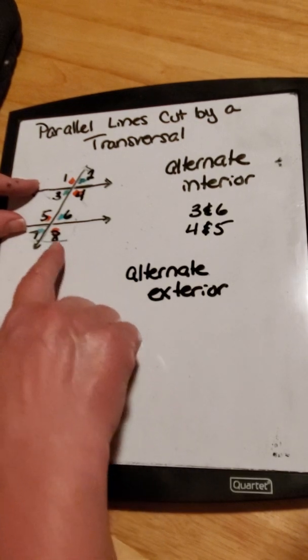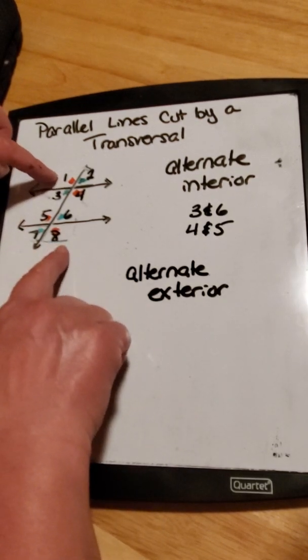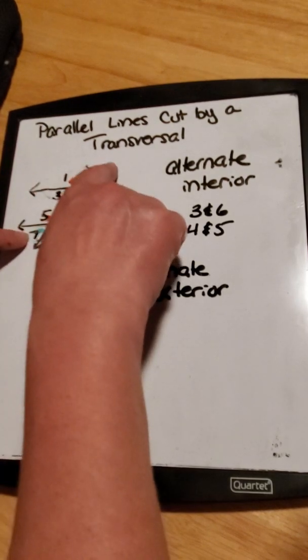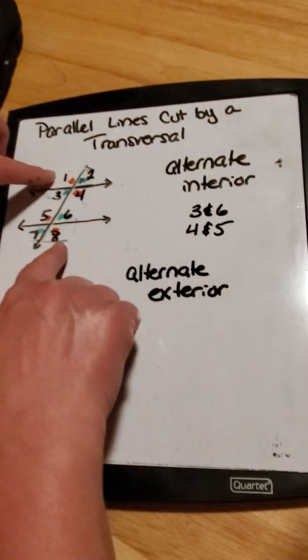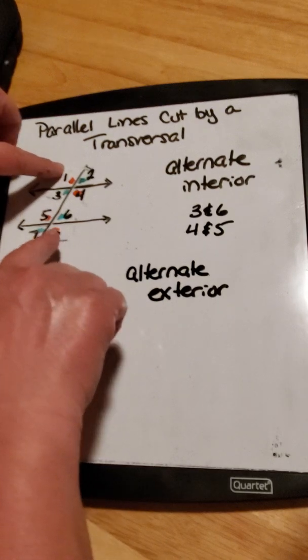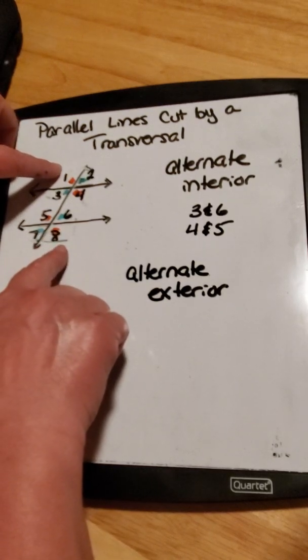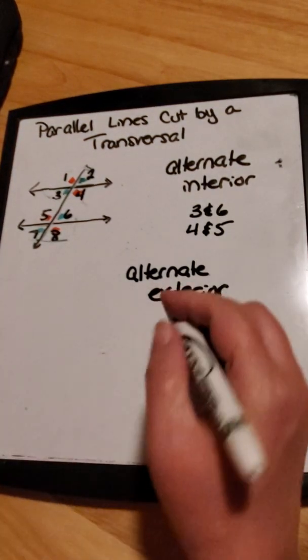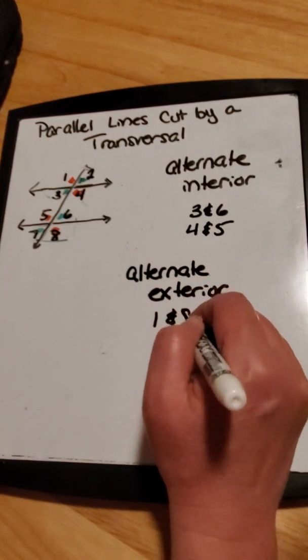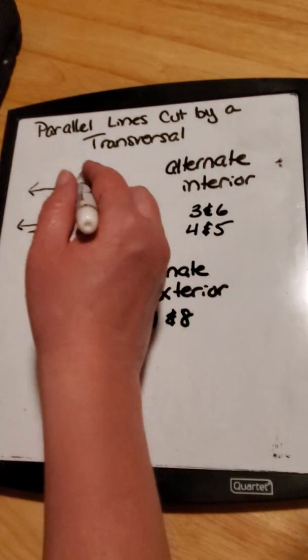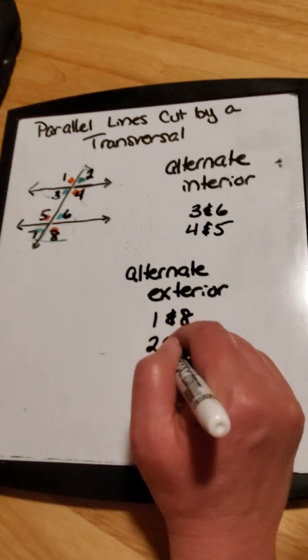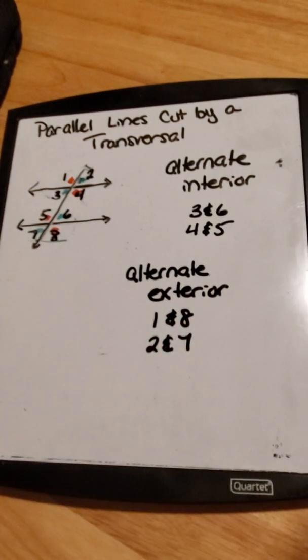So your alternate exterior angles would be 1 and 8 or 2 and 7 because they're outside the parallel lines but on opposite sides of the transversal, opposite lines. So 1 and 8 are alternate exterior angles and 2 and 7 are alternate exterior angles, and you'll notice alternate exterior angles are congruent.